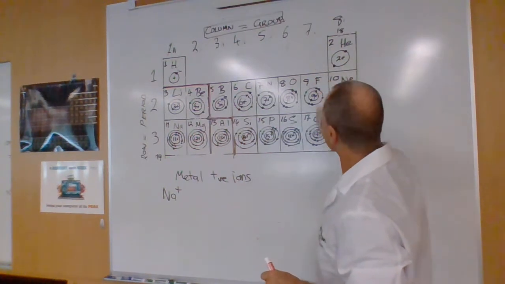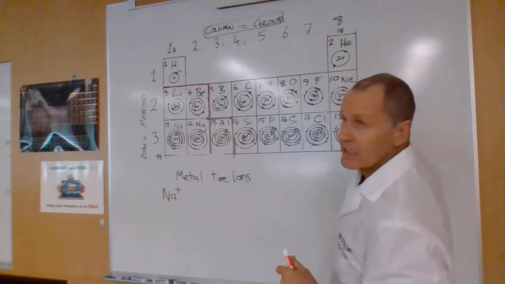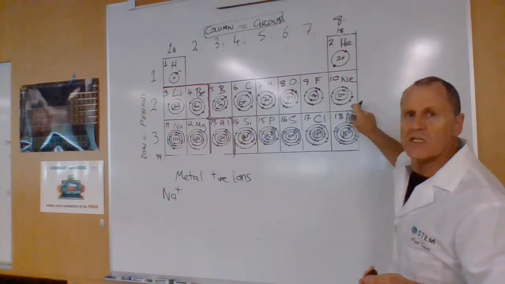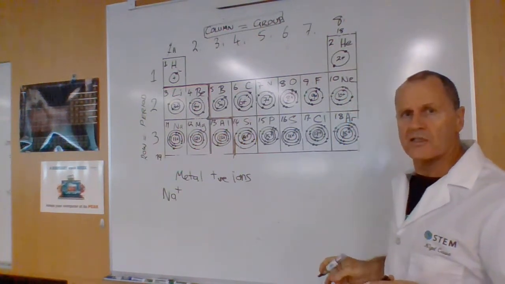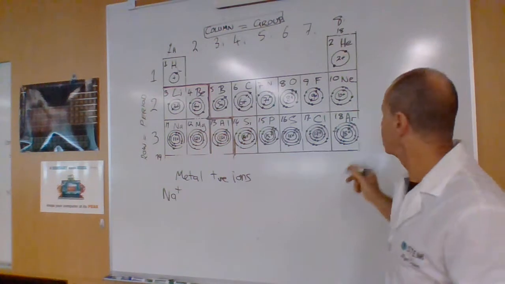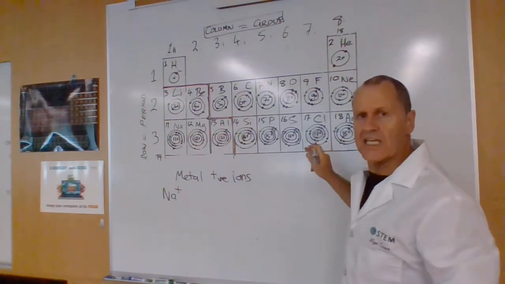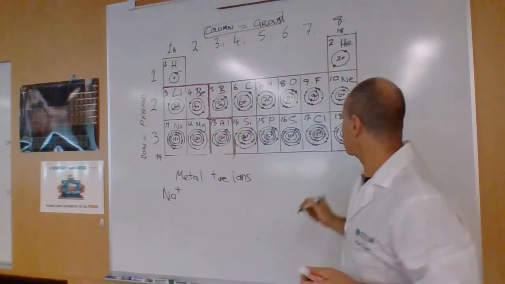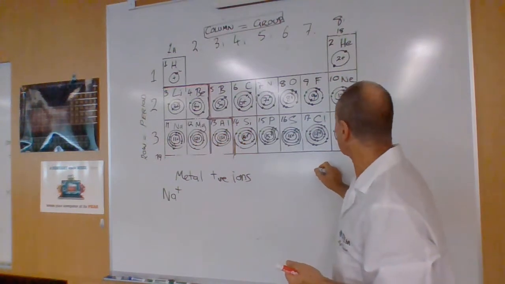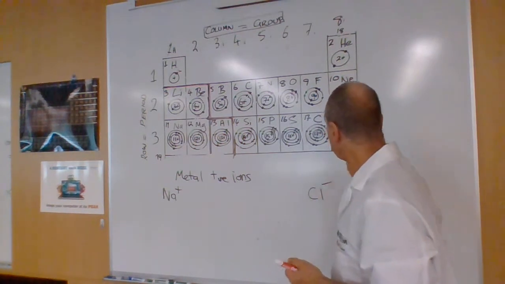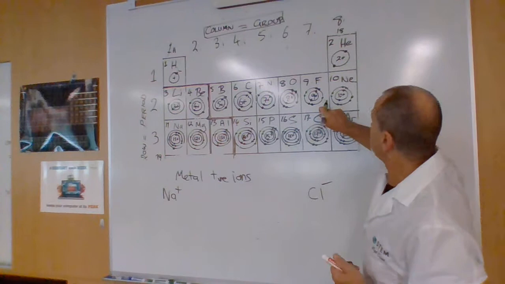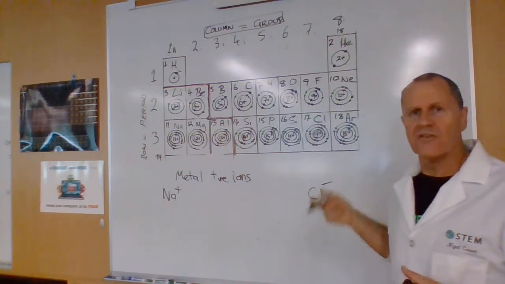Anything in group 7 tends to gain an electron to become stable, just like neon or argon in group 8. And because they're going to gain an electron to become stable, they gain a negative charge and become minus. So fluorine becomes negative fluoride.